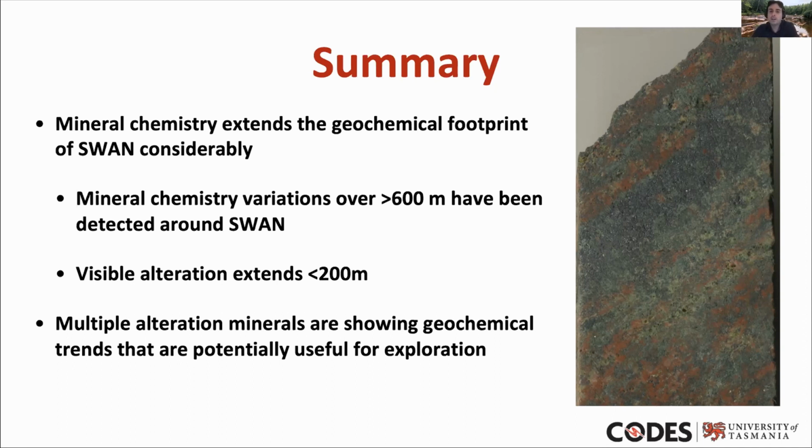It goes from a more reduced environment to potentially more oxidized when you start having some anhydrite veins sitting in there. So there are definitely some more oxidized fluids that came in towards the mineralization stage.